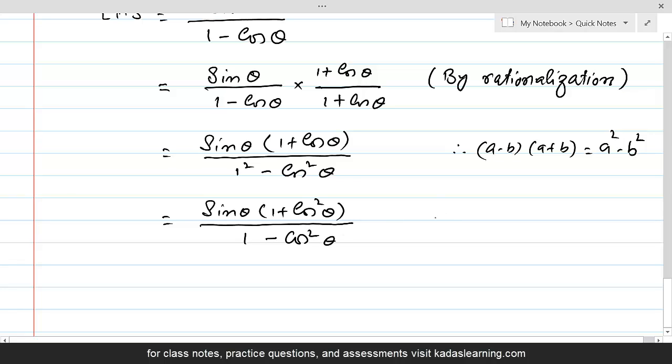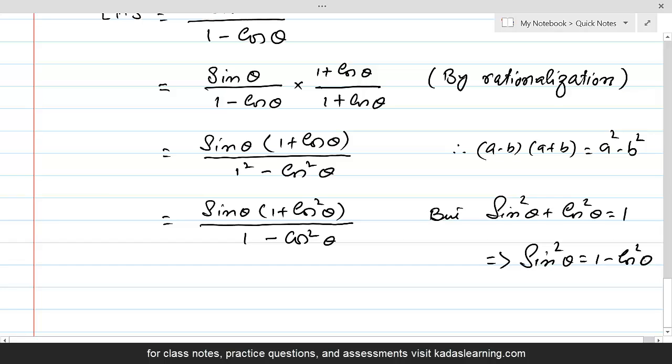But from fundamental trigonometric identity, we know that sine square theta plus cos square theta is equal to 1. Therefore, sine square theta is equal to 1 minus cos square theta.